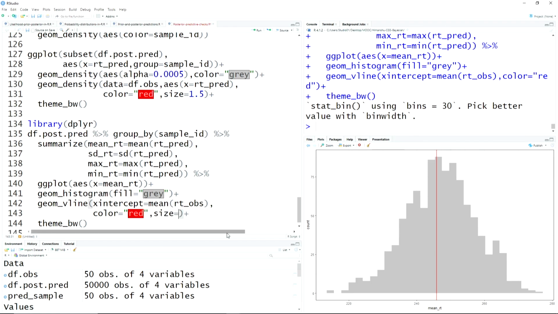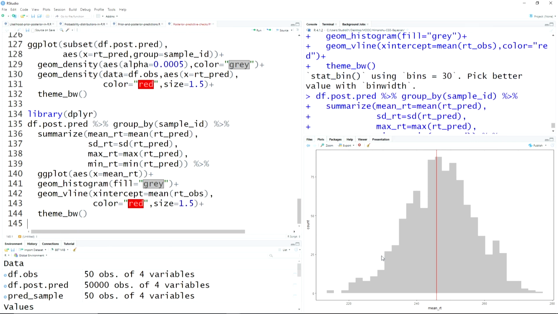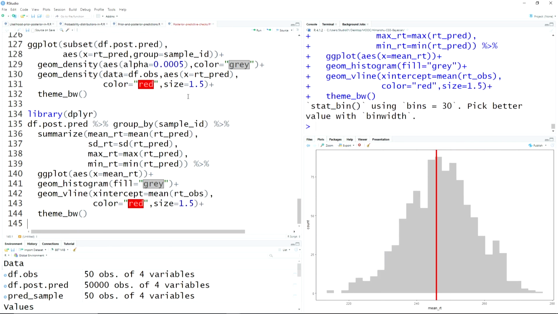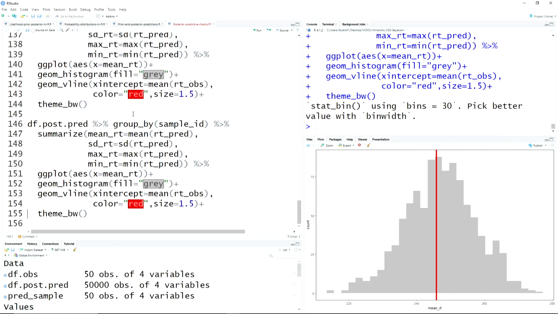Okay, and the red line here shows you the mean reaction time in the observed data. So here we are comparing summary statistics of posterior predictive data against summary statistic of observed data, right? So this is a very useful tool, especially when it is difficult to compare the actual distribution of observed data and posterior predictive data, right? So you can compare summary statistics.